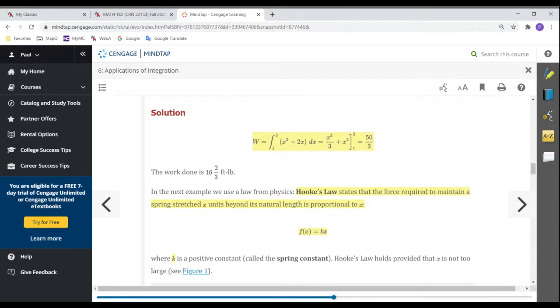Hopefully this makes some sense to you. How many have tried to stretch a spring before? Maybe like a slinky. All right, Justice has, Tina has, and Michael has.